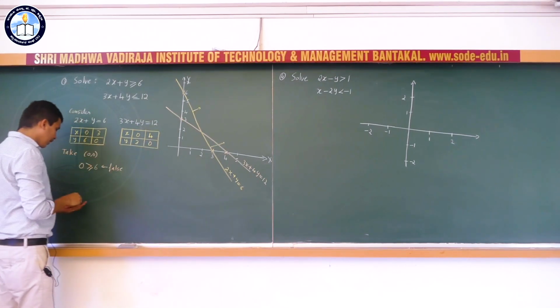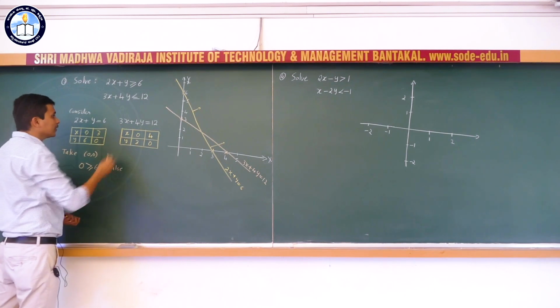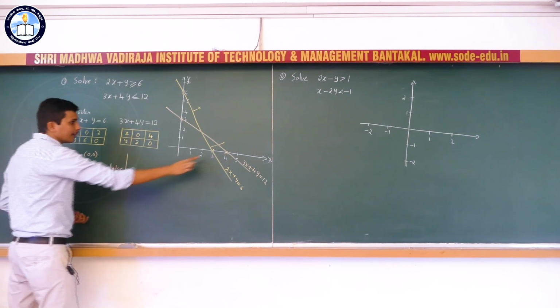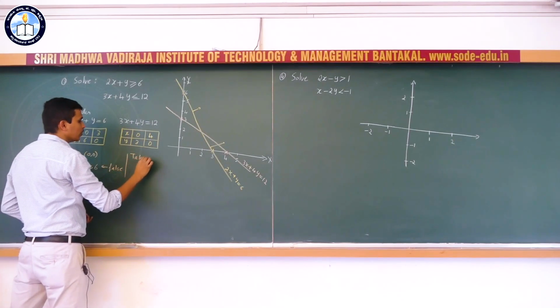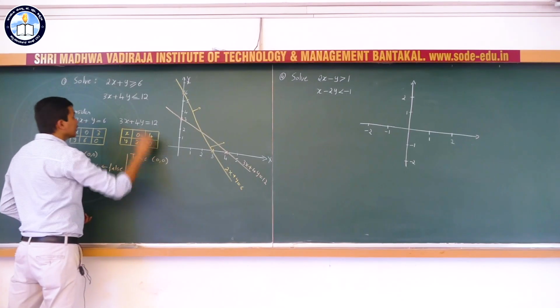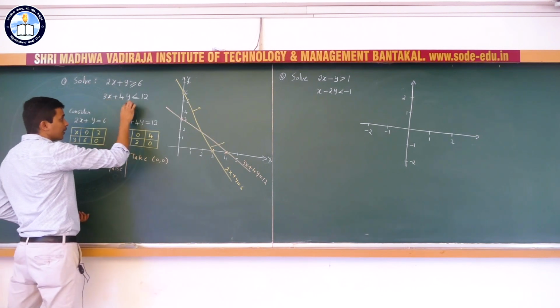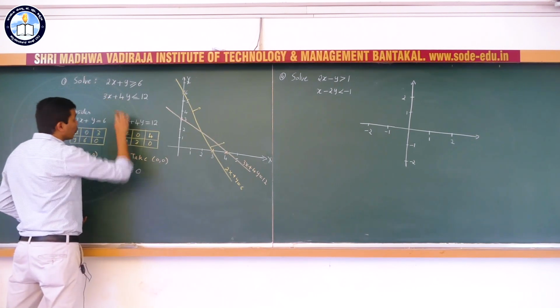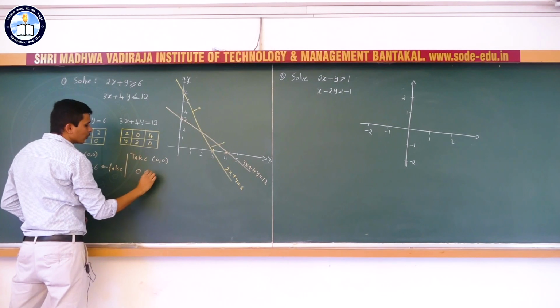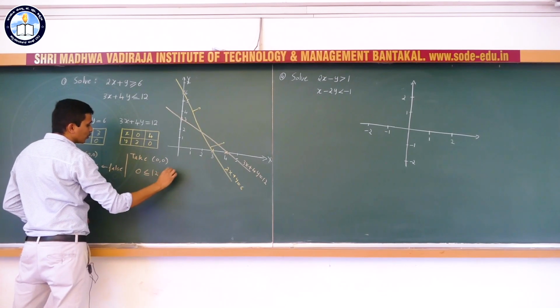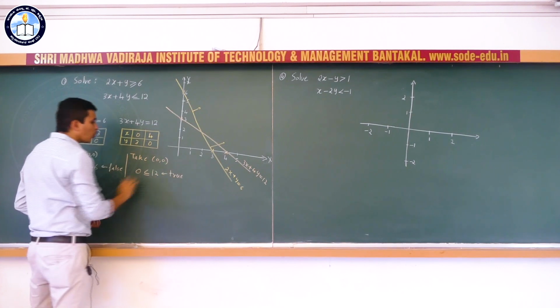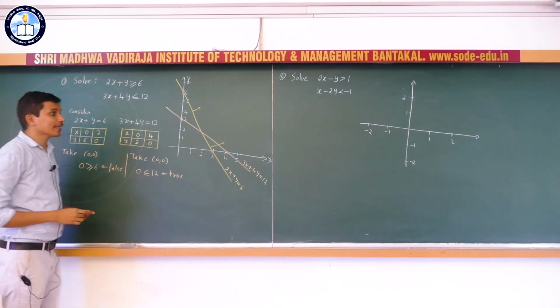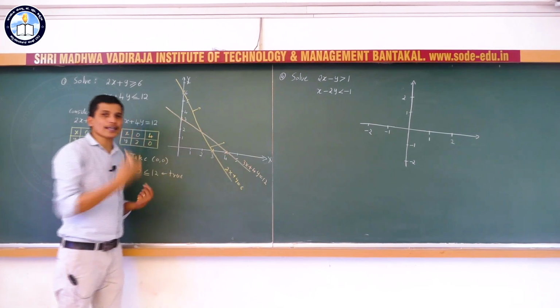Now, going for the next inequality, the second inequality. Once again that line doesn't pass through the origin. I can take 0, 0 and substitute it here in place of x and y. So here it comes 0 less than or equal to 12. It is true. 0 is less than 12. That means what? 0, 0 satisfies this inequality.